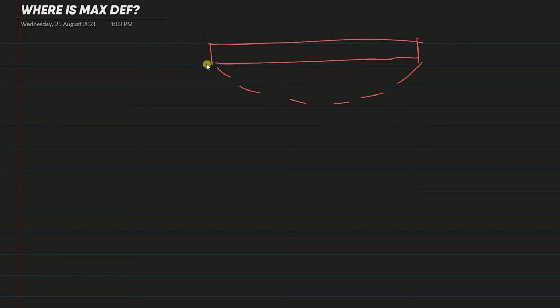If our beam is symmetrical, the loading is symmetrical, the cross-section is symmetrical, the supports are symmetrical, well, we can say that our maximum deflection occurs dito sa ating center. Sa center mismo ng ating beam.